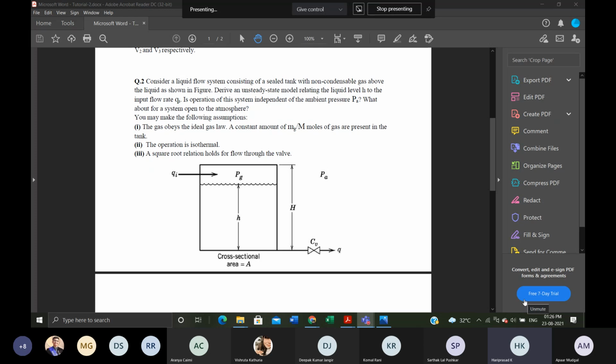So that is the total driving force balance you have to build around these three variables: the pressure exerted by the gas, the pressure exerted by the liquid column, against the atmospheric pressure. So this is the overall understanding that you need to take care of while solving this.